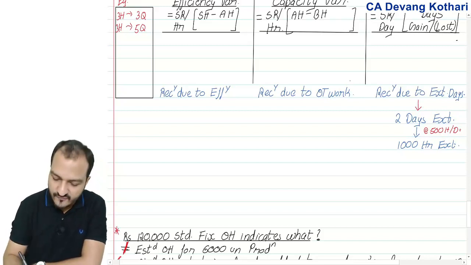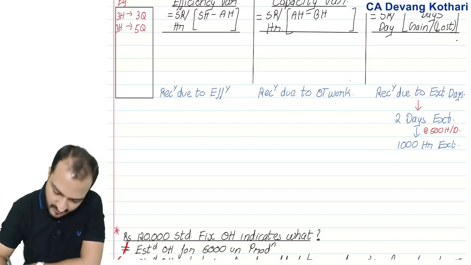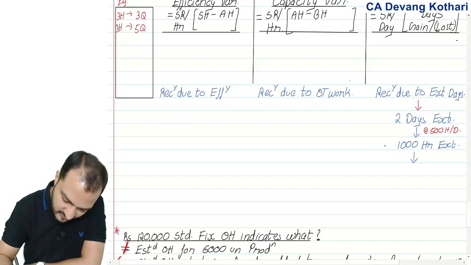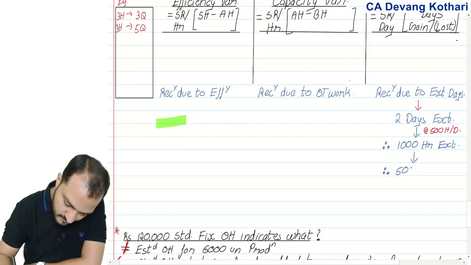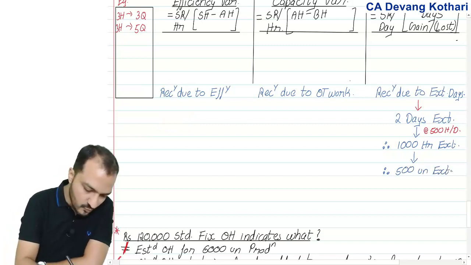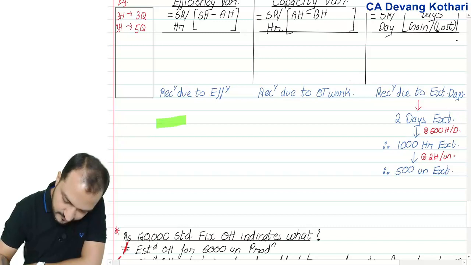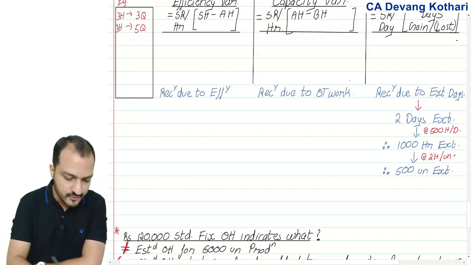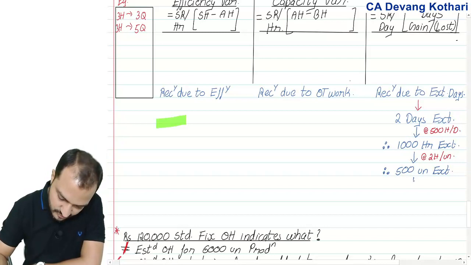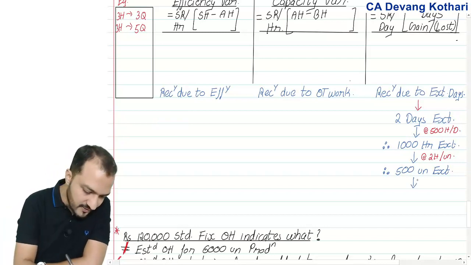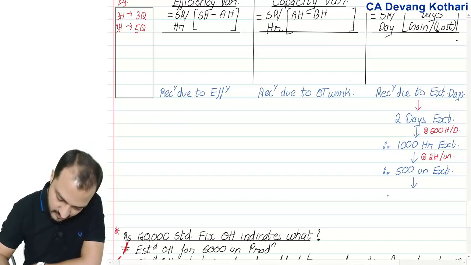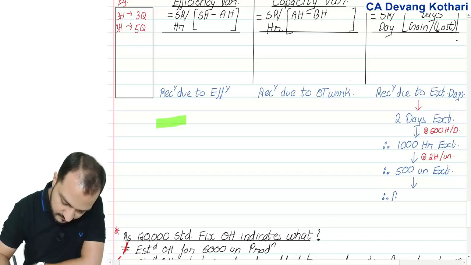So 2 days extra work should have given me 1,000 hours extra, and that 1,000 hours extra should have given me 500 units extra. Why? Because 2 hours are needed for 1 unit. And those 500 extra units should have given me how much extra recovery?